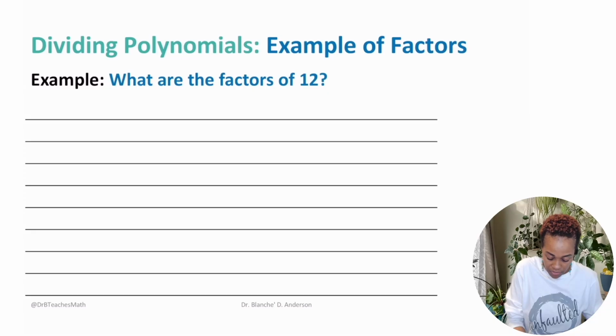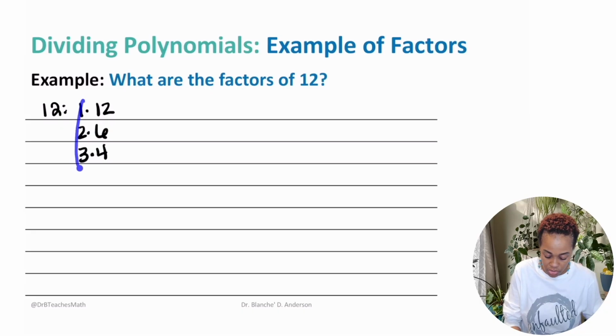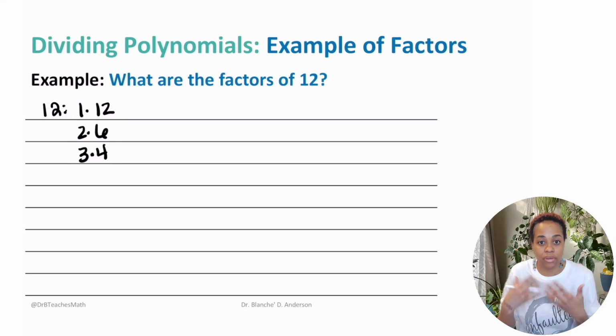So we would say 1 times 12, right? You would say 2 times 6. What about 3? You would say 3 times 4. And then you would stop there, because as you notice, it goes 1, 2, 3, and then 4, and it goes up. So these numbers are factors of 12, because when you multiply them together, they give you 12.